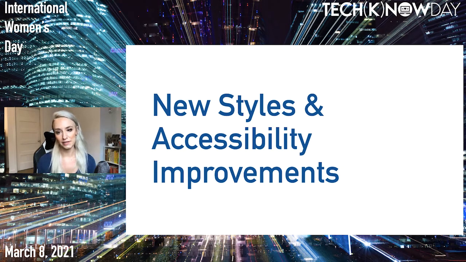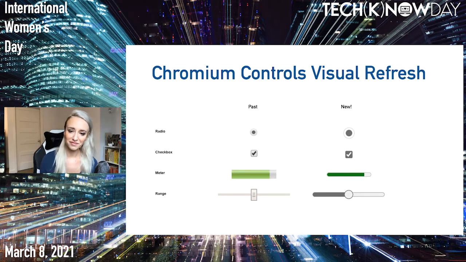And so we brought that into Chromium. And then we worked on a much needed visual refresh of the native form controls. So losing those gradients and shadows, bringing a much more neutral and universal style that we're hoping developers will leverage while we get the standards work started for more in-depth customizations.